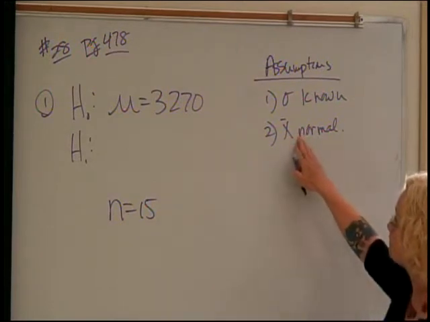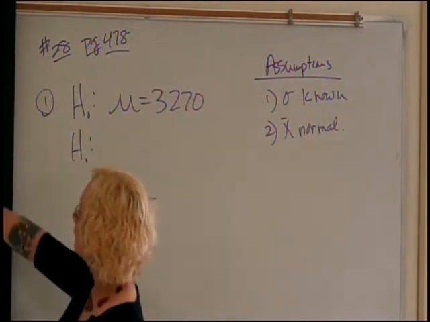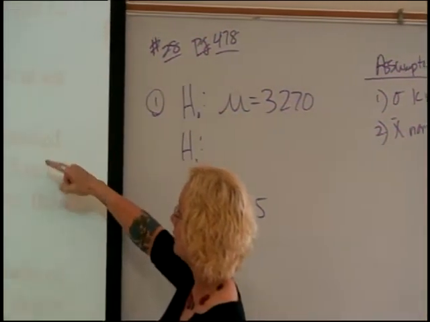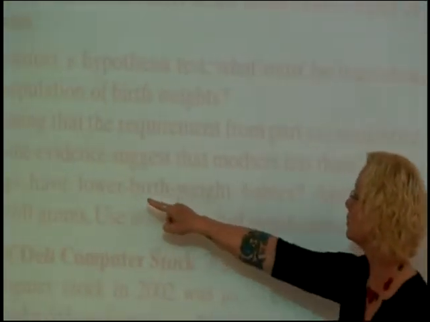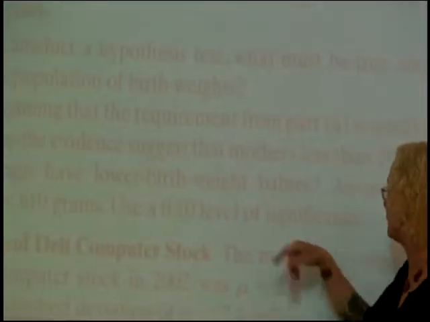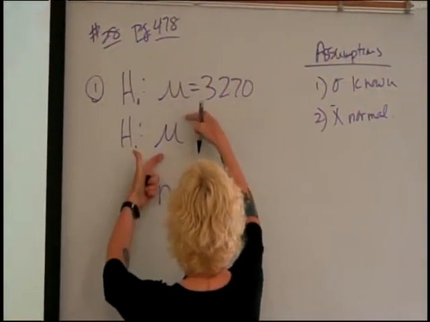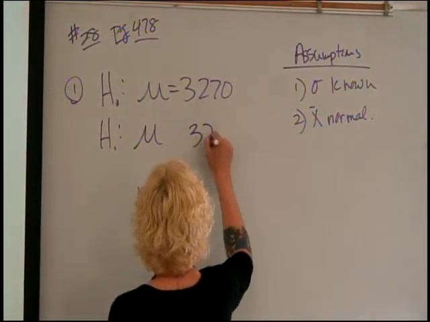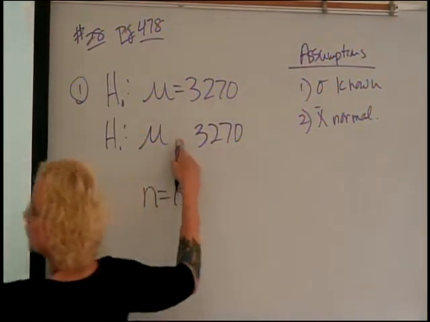Okay, so assuming that the requirement from Part A is satisfied, does the evidence suggest that mothers less than 15 years of age have lower birth weight babies? So in the alternative, you're always going to have the same parameter, the same number, and the symbol is going to change based on what you want in the problem.